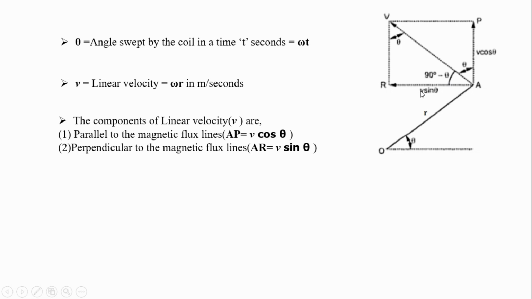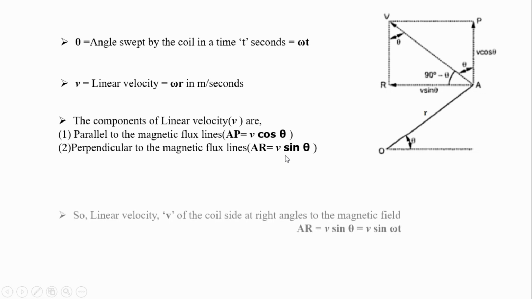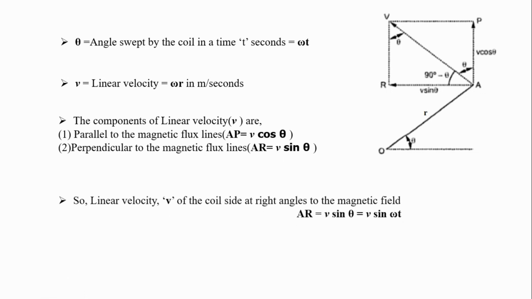But we are considering the perpendicular term only, that is v sin theta. So the linear velocity of the coil side at right angles to the magnetic field is equal to v sin theta. Instead of theta, we can write omega t.